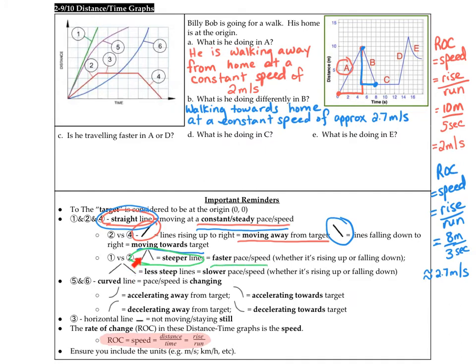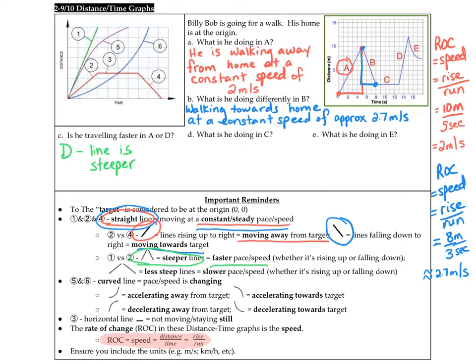And it doesn't matter if the line is increasing or decreasing. If it's steeper, he is walking at a faster pace. So he is traveling faster in D because the line is steeper. So you could answer it that way, or you could calculate the actual speed of D and show it that way.